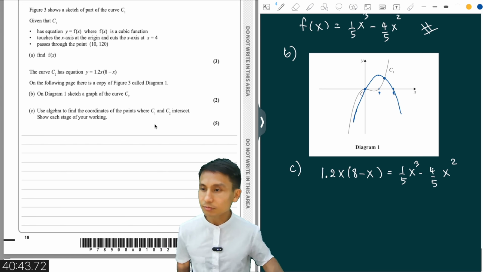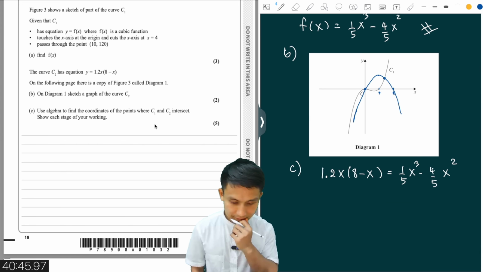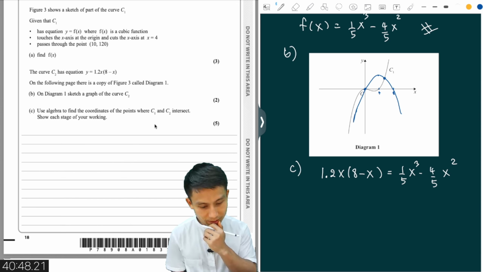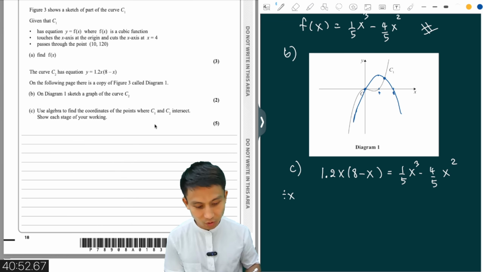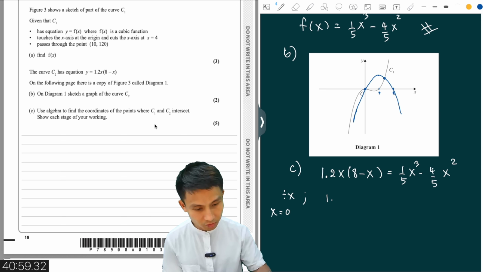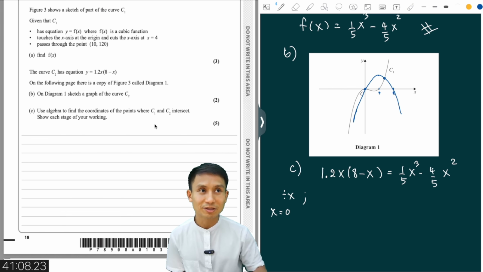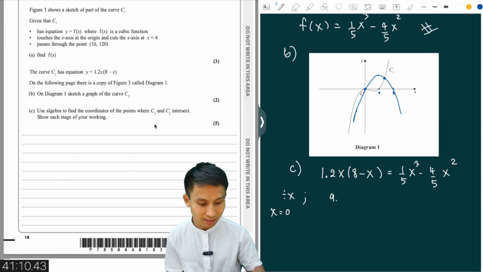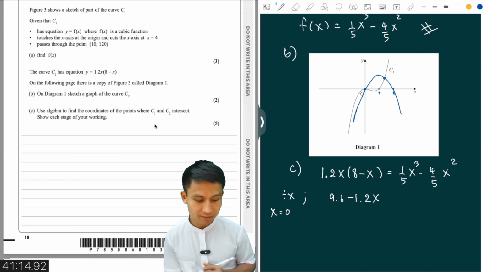I think we can cancel one of the x's first, so divide by x, knowing that x equals 0 is already a solution. So it's 1.2 times 8, which is 9.6, and 1.2 times minus x is minus 1.2x.